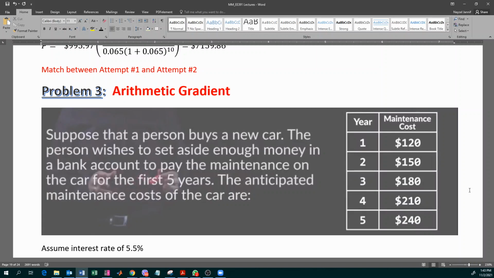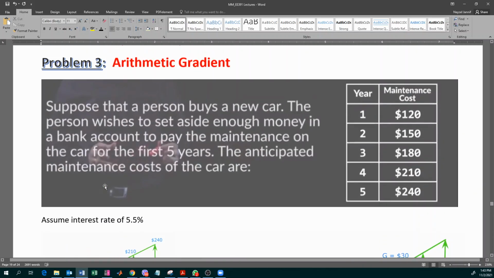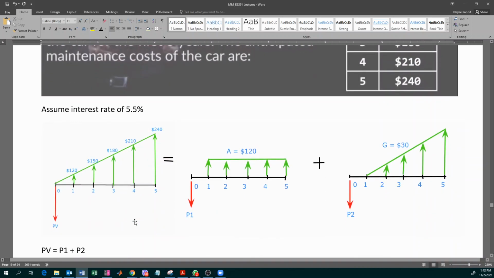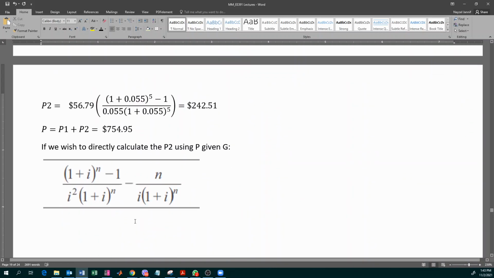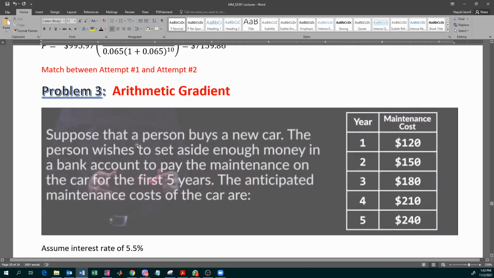So you can insert the image of that somewhere, or you can write it down, or you can simply write down problem number 3, arithmetic gradient, and start solving the problem. You don't need to necessarily write the question, but make sure that you have enough information there so that when you do your revision from your exercise book, you've got enough information there. Okay, all right.